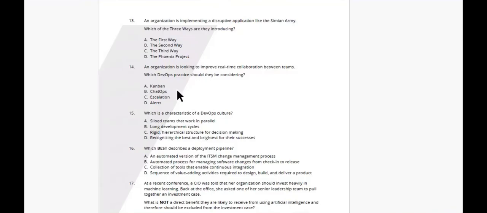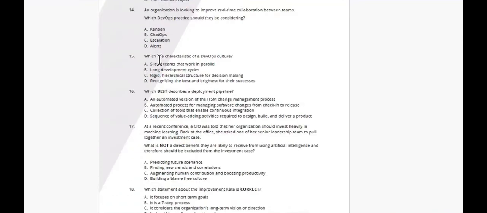ChatOps, definitely, because you're going to have a lot more communication, and that can result in collaboration. Escalation shouldn't be necessary with collaboration, and alerts, not really for collaboration. So I would go with ChatOps, B. 14, B, yes.